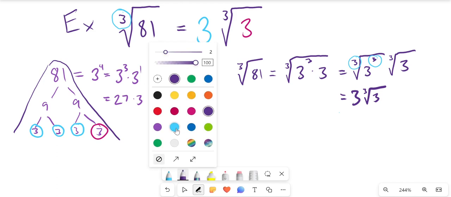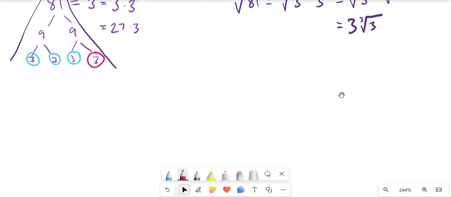Let's do the square root, another example, of 48.